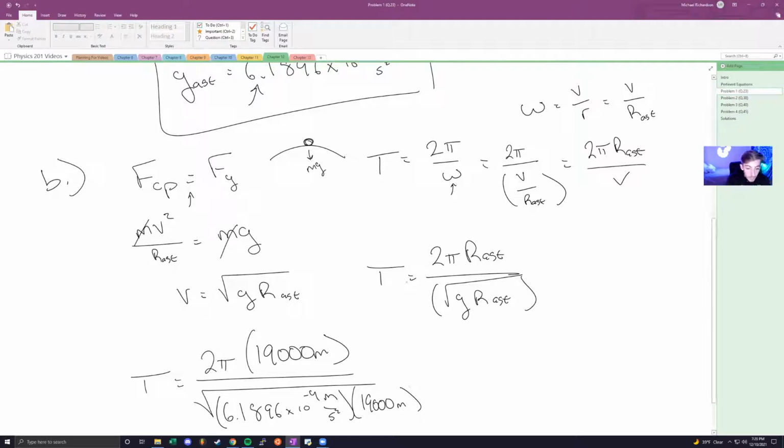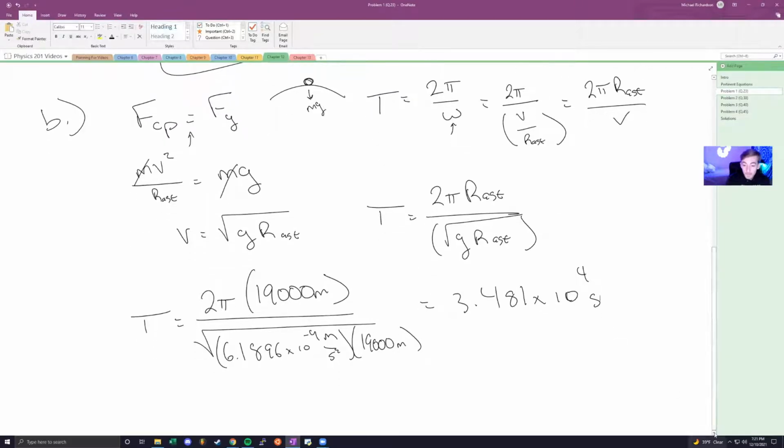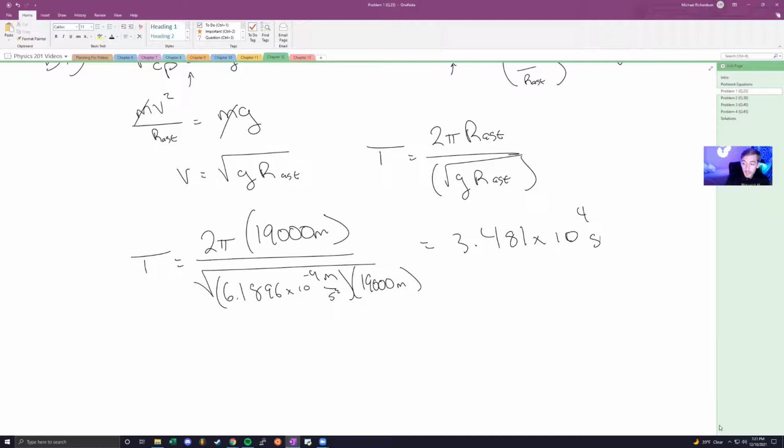We get that our period must be 3.481 times 10 to the fourth seconds. So if we want to put this in terms of hours, let's say, then we would have to take that number, 3.481 times 10 to the fourth.